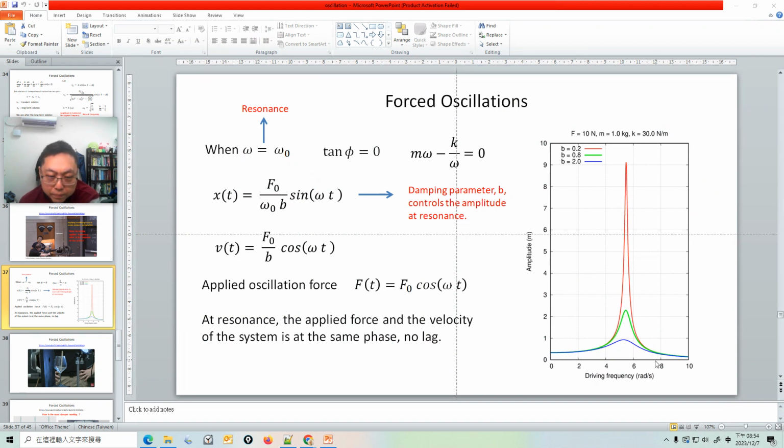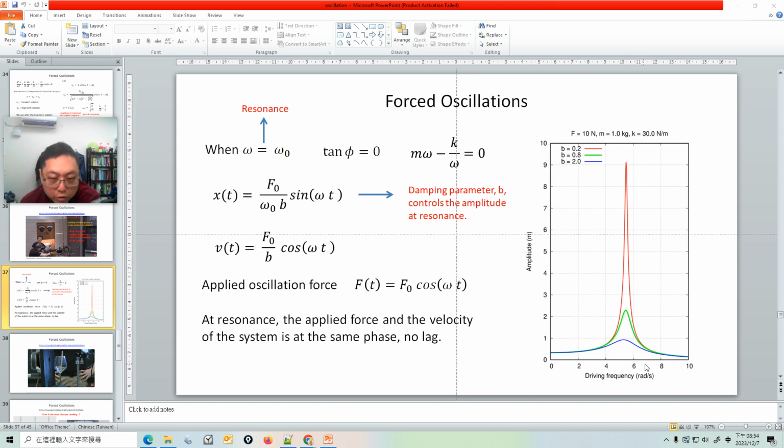The other limit: when you apply a very high frequency, you will find the amplitude decreases as the angular frequency increases. See the decrease here? No matter if it's the red line, green line, or blue line, when the applied frequency increases, the amplitude decreases.